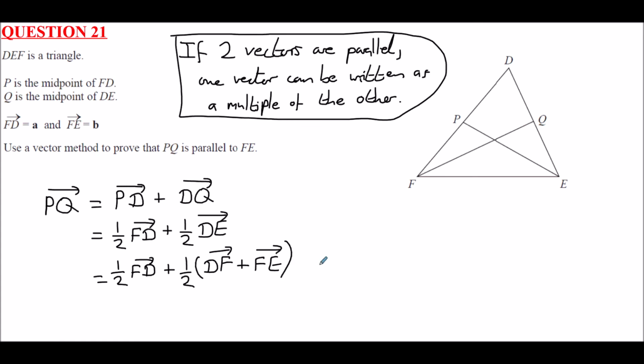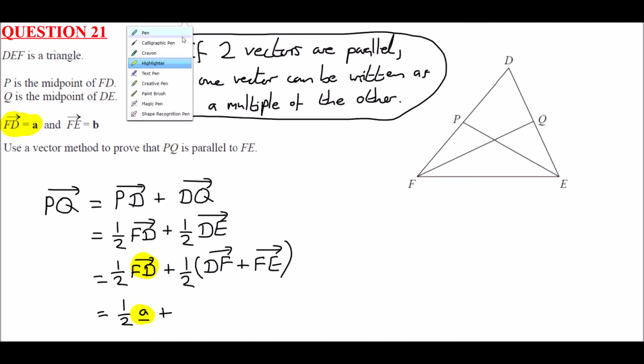Now at this stage, we can start filling in the vectors we know. From F to D, that's vector A. So half of FD is half of vector A. So I can fill this in. Now we can think about this bit here.